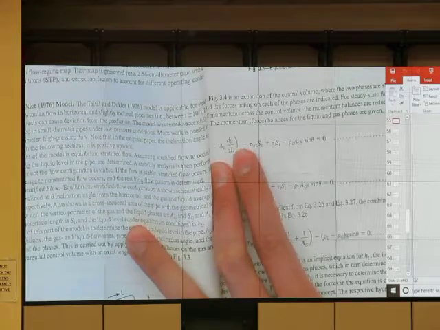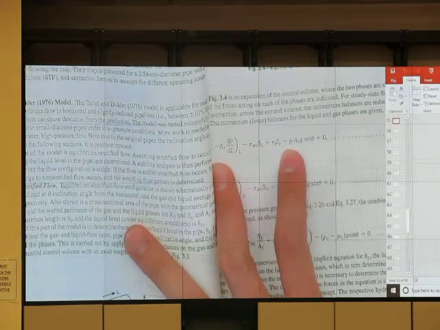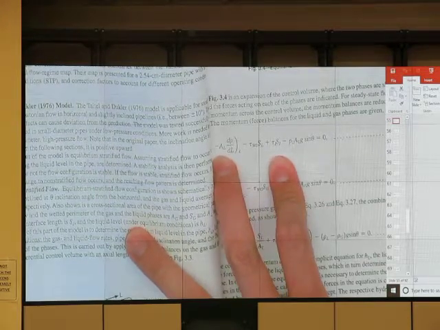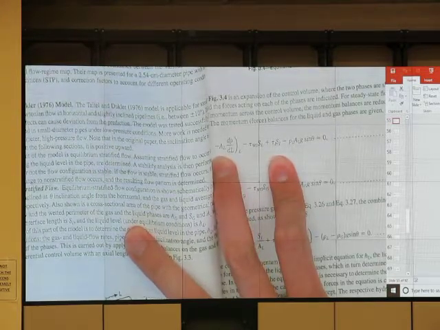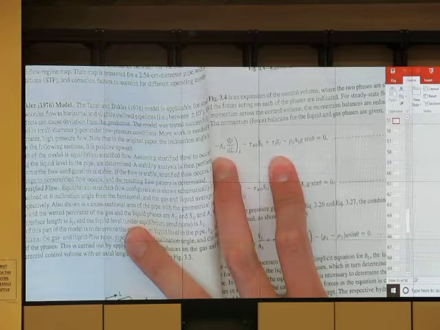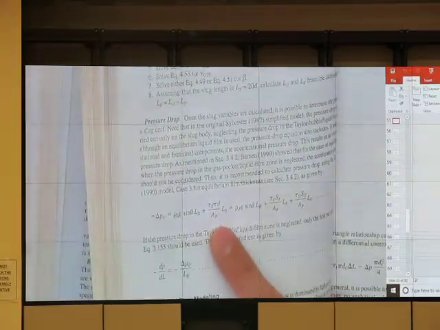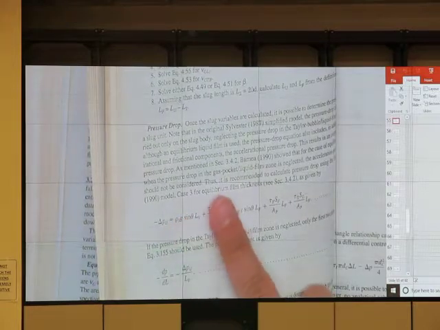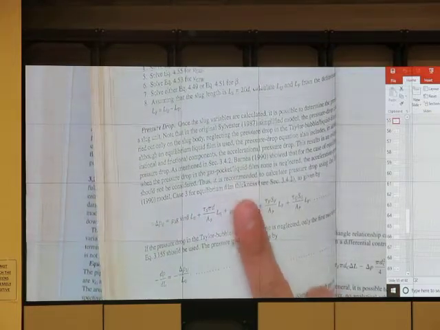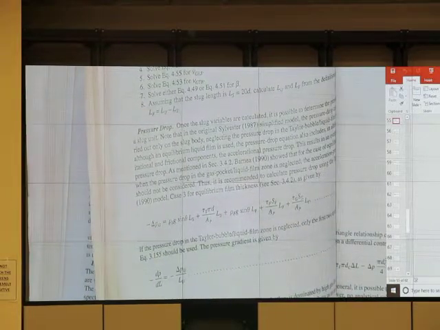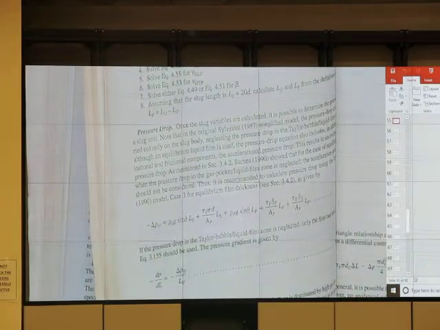Minus AL dPdL, so we have tau I, and we have AL, not AP. Okay, that is stratified flow. This is also stratified flow, but if you don't take the part that is about the slug, the last 3 terms are about stratified flow too. But it doesn't have I.